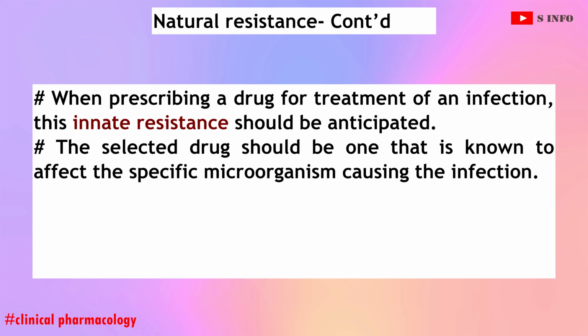So it means that if you use a drug which doesn't inhibit the enzyme or biological process, the microorganism isn't affected by that medicine, and that we call natural microbial resistance.